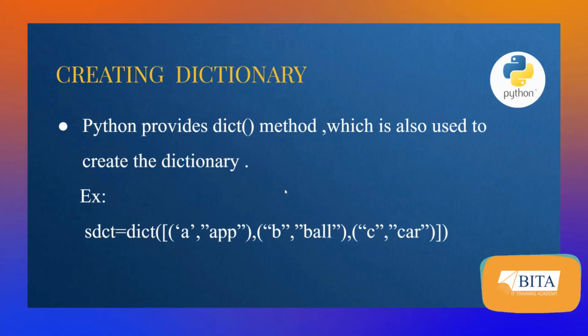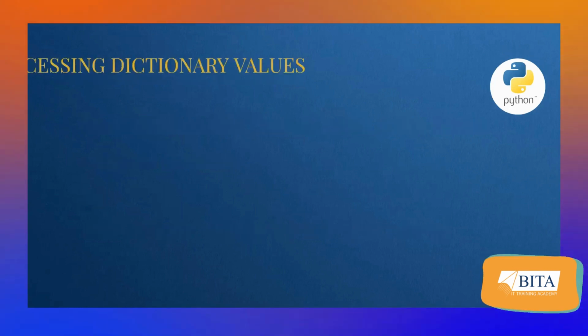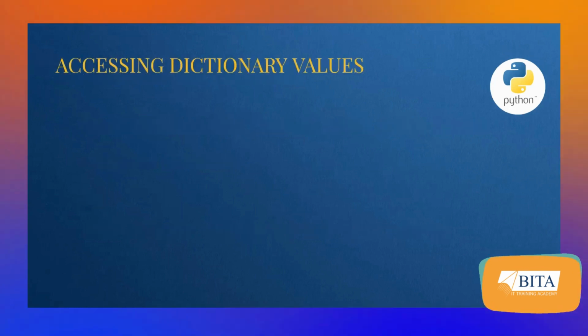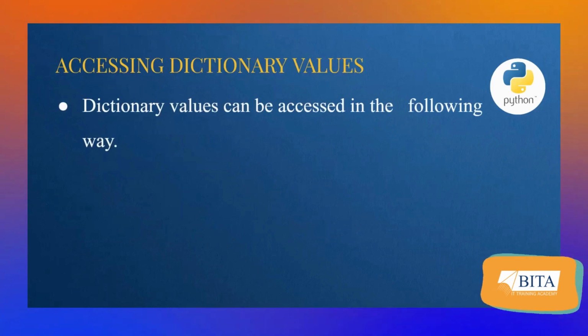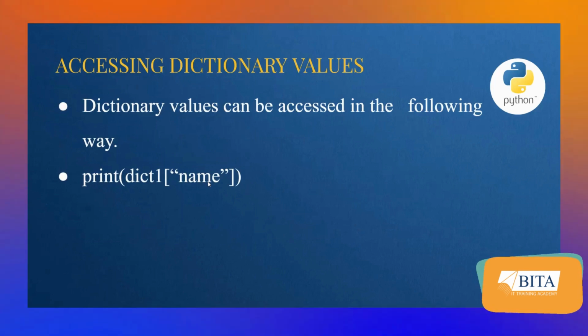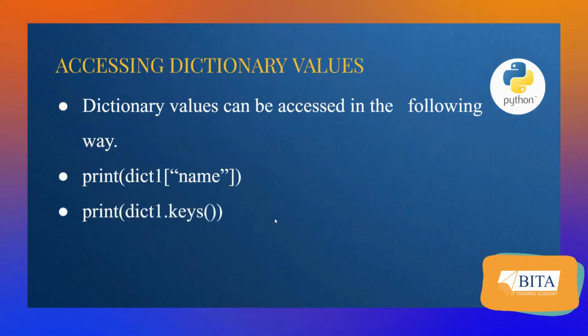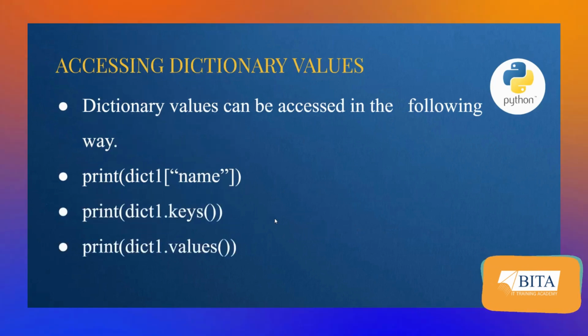How can we access the dictionary inputs? We have different inbuilt methods for the dictionary data type. In that, dict of name: if you mention a particular key, we will get the value belonging to that key. And one more thing, we have the keys function and another one is the values function.